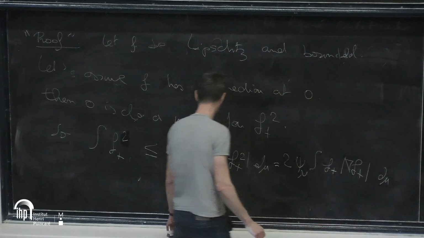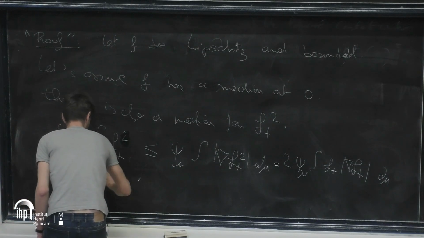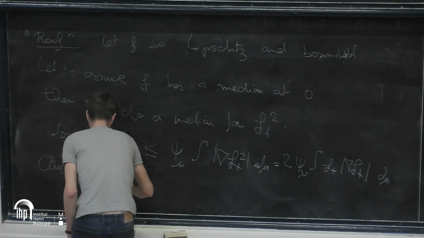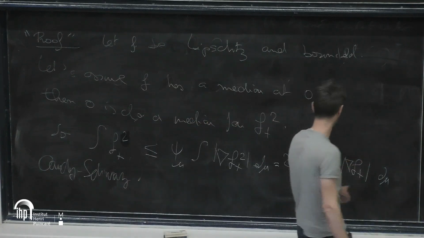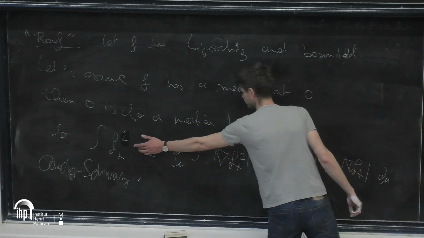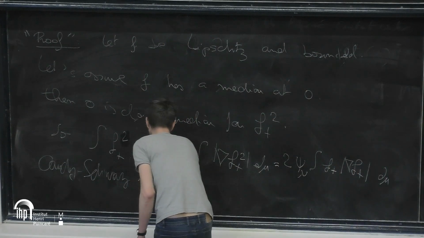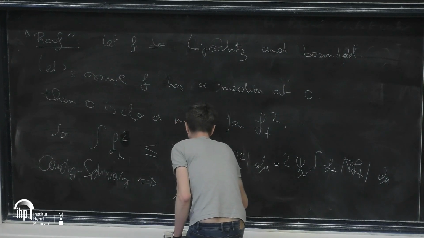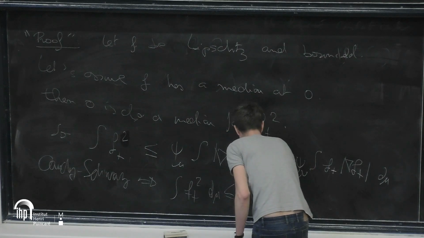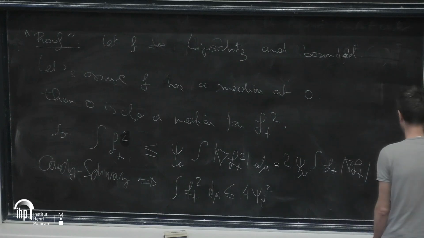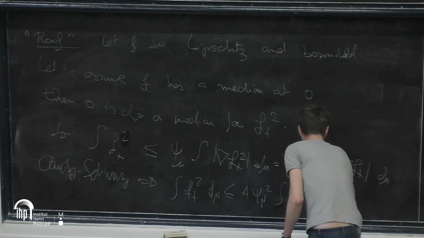Then you do Cauchy-Schwarz. At this stage you will get the same term here, but with the power 1/2. So you get the integral of f plus squared d mu is less than, so you'll have to square this, 4 psi of mu squared times the integral of grad f plus squared d mu.